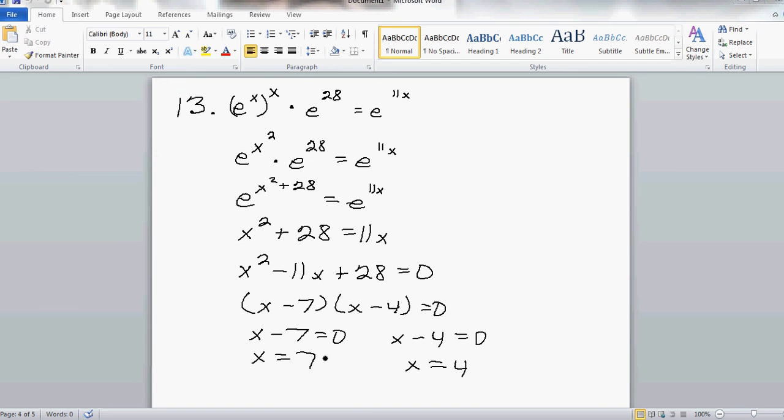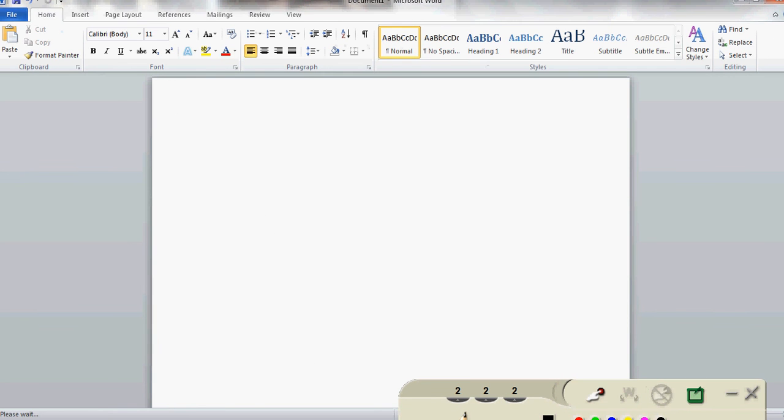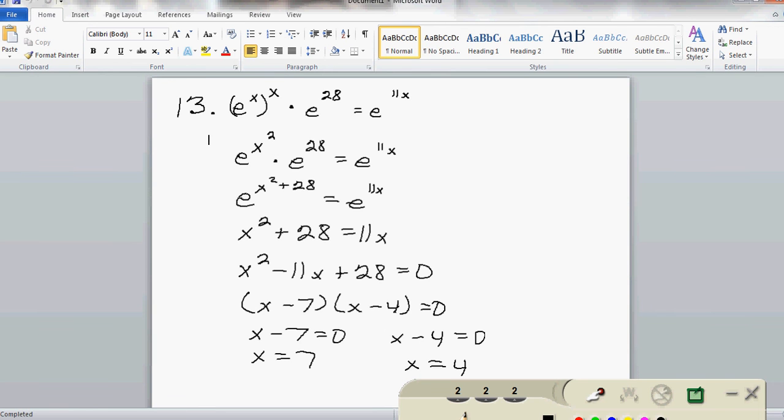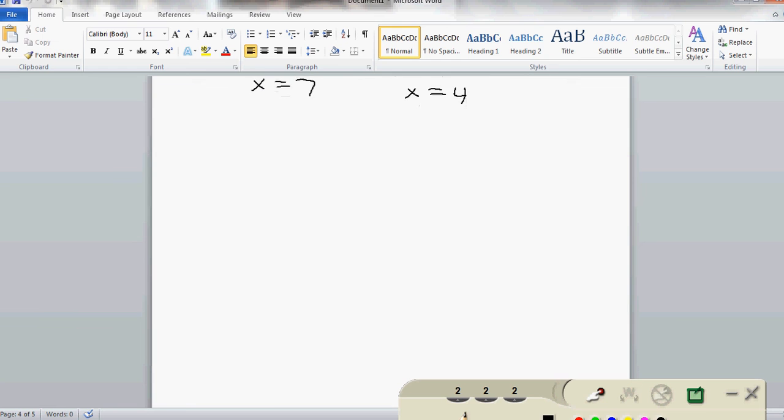So x equals 7 or x equals 4. This is only the second time that we've gotten two answers. Once again, the check will bear out that that is indeed what the answers are.